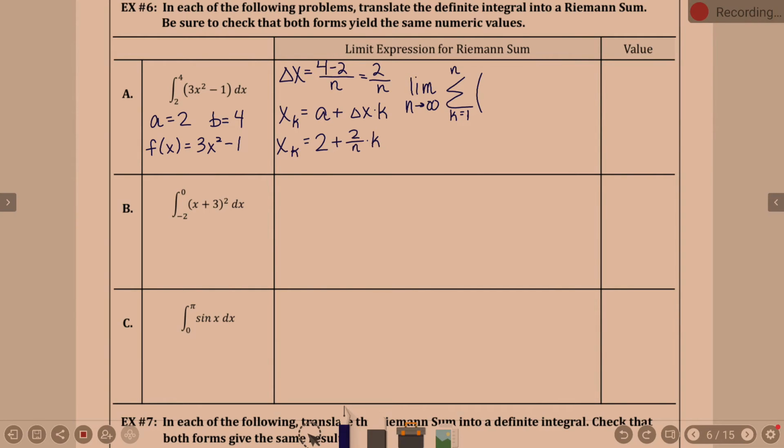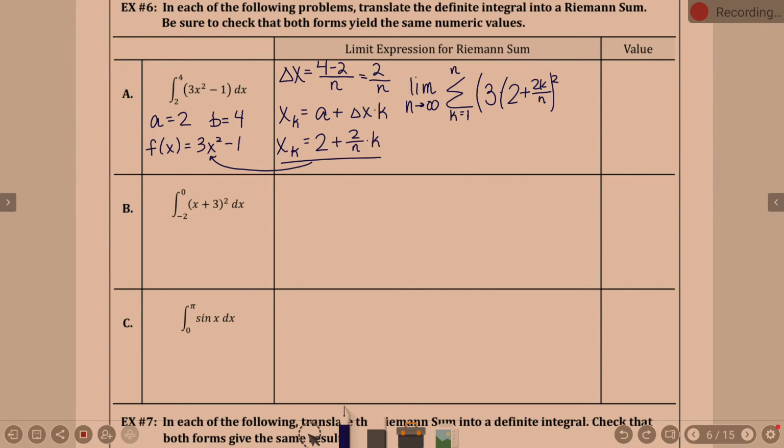Of f of x sub k. So we're taking x sub k and plugging it into f of x. So I'm going to have 3 times x squared. So 3 times 2 plus 2k over n, quantity squared.